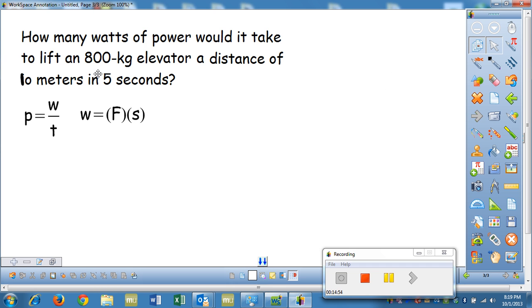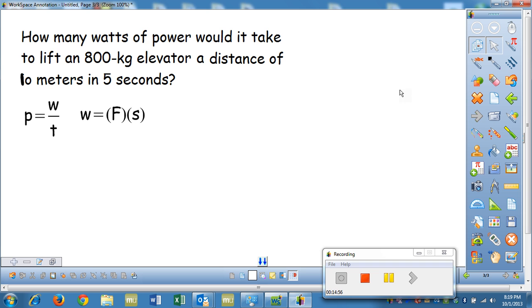Well, the force to lift an 800 kilogram elevator. Oh, wait, there's a couple of ways we could do this. It's all the same, really. Assuming we lift it without acceleration, then we're using 8,000 newtons, right? So that's one way to do it.